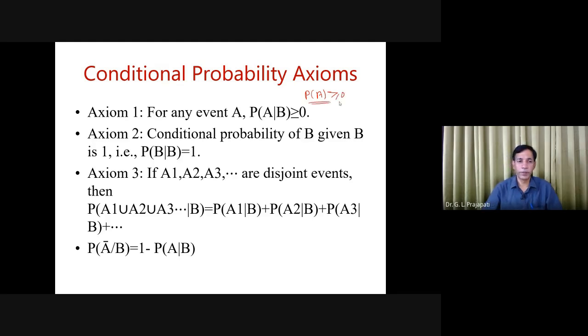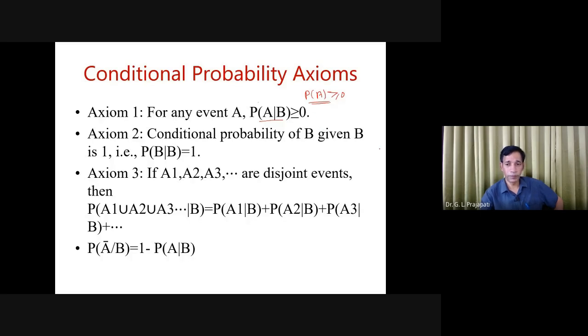Now this can be modified since you are given the additional information. So for any event A, probability of A given B is greater than or equal to 0. Since conditional probability is also a probability, it must be greater than or equal to 0. It cannot be negative. When will it be equal to 1? When A is equal to B.